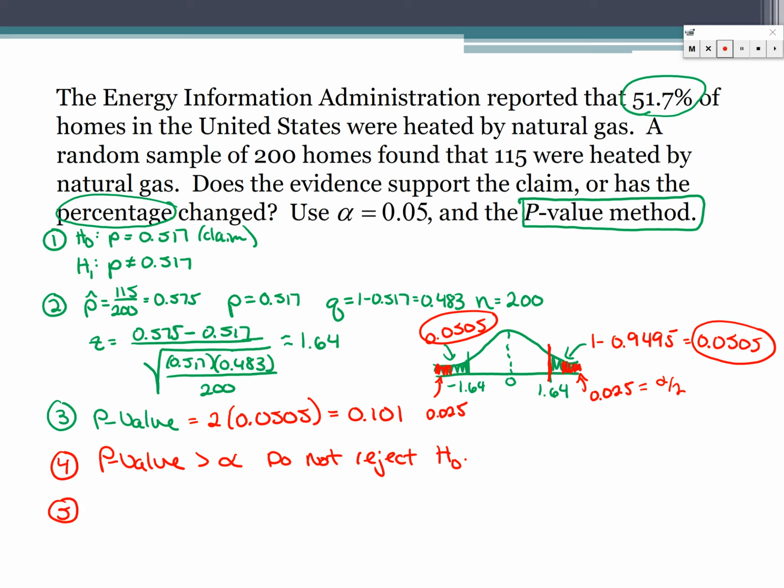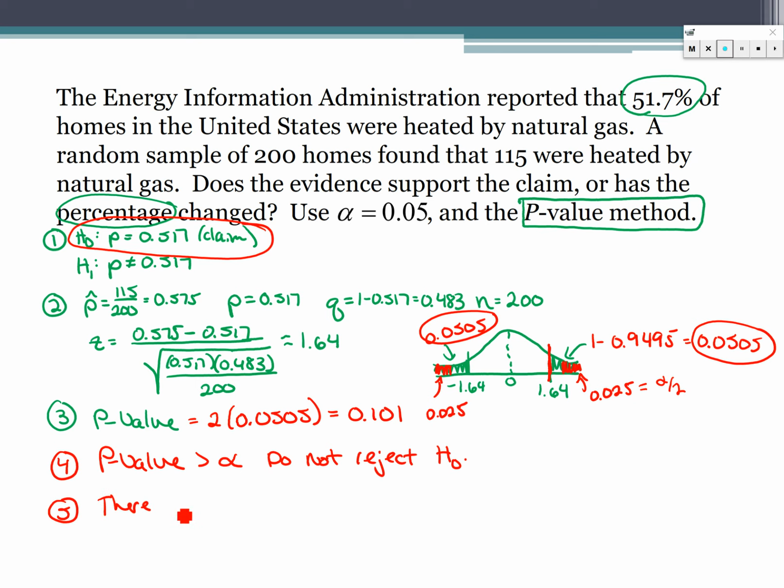So now we need our conclusion. We did not reject the null hypothesis. I didn't reject it. So that means I didn't reject my claim.